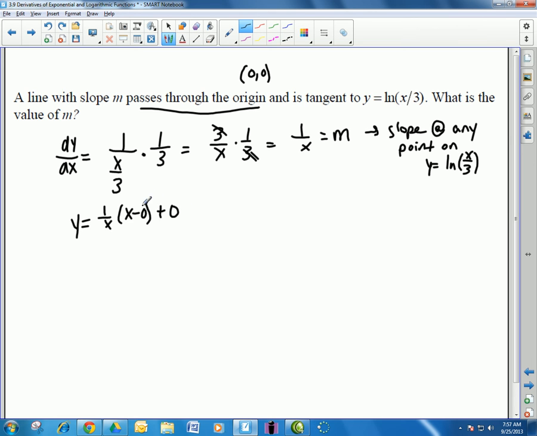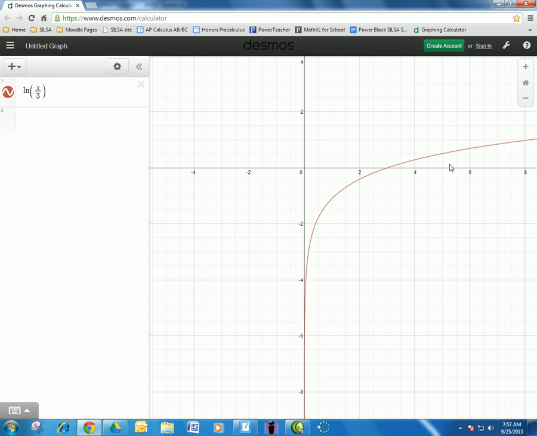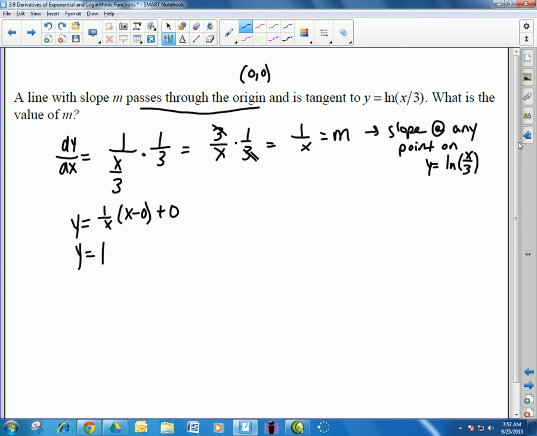And then when you do all of this, this simplifies simply that y equals 1. So that tells you where it touches this graph. So over here, at y equals 1, so at about right here, that's where this tangent line is going to touch that graph.